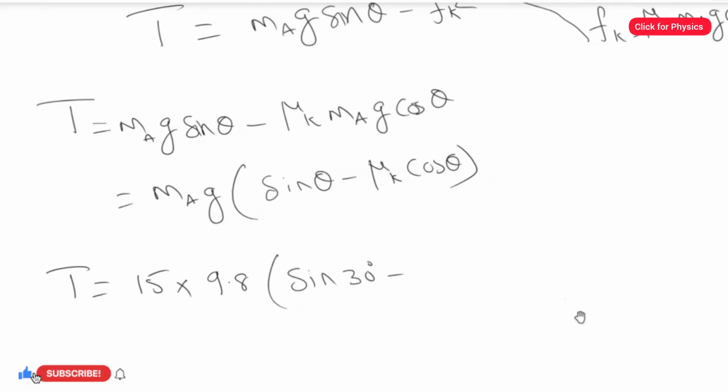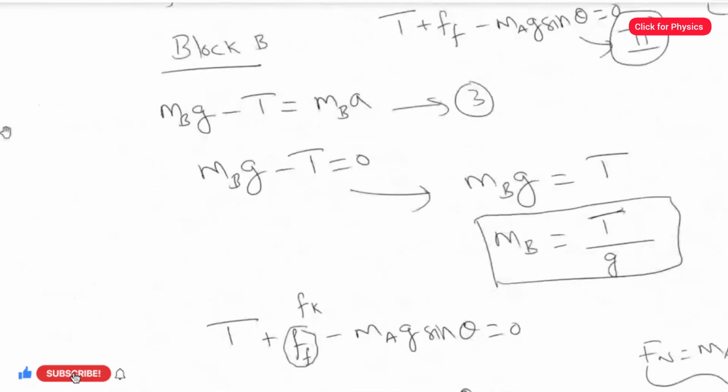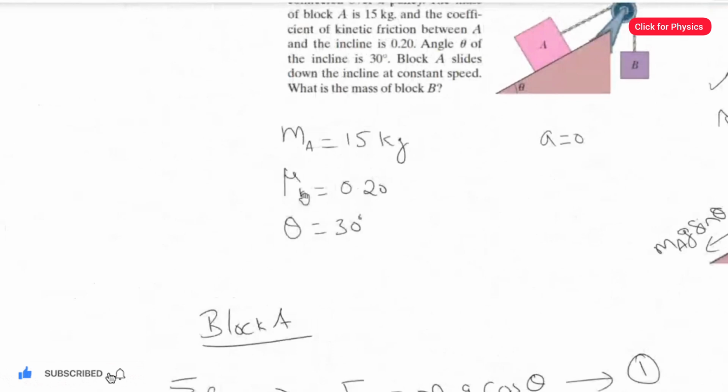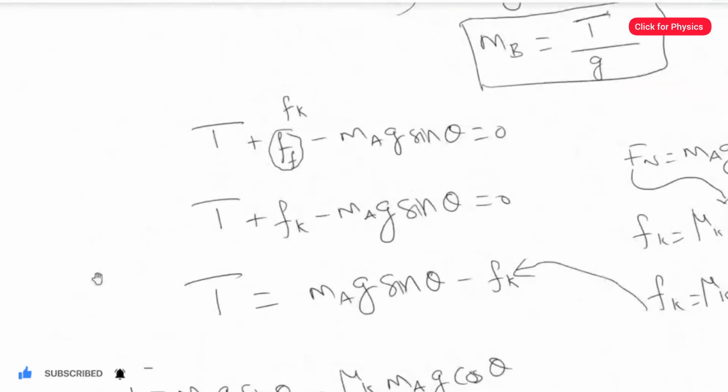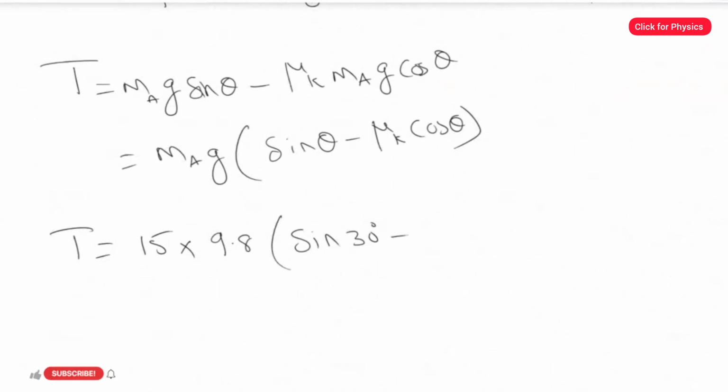Let's go back to the question. What's the mu k value? Mu k value is 0.20, right? So 0.20 multiplied by cosine of 30 degree.